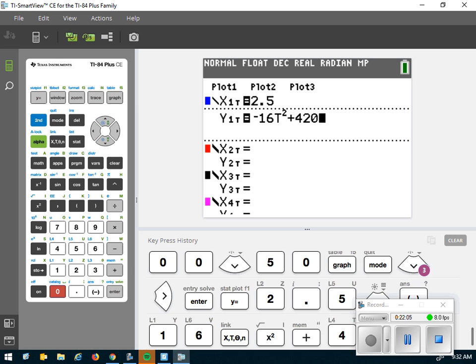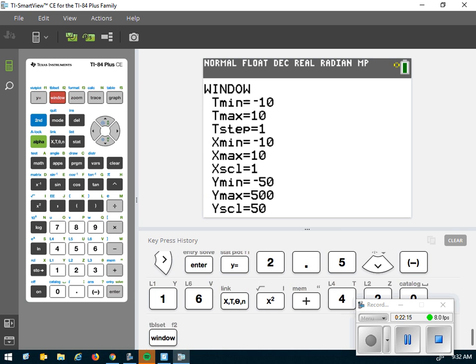Okay, so what we're going to do is model the drop of this rock on the vertical line x equals 2.5. Now let's go back to window. Since we know we're dealing with time, we're going to start with t equals 0. We're going to leave that and we're going to play with it. And we're just going to see what happens. So go ahead and graph.